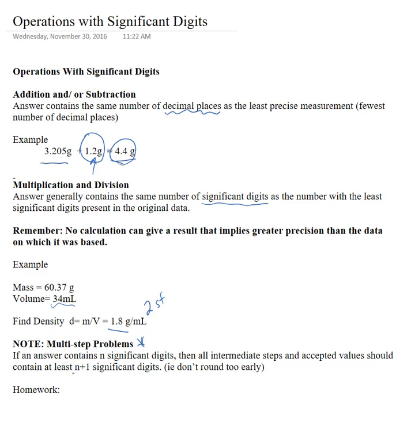If that's not possible, you want to carry at least one extra significant digit through your problems, so don't round too early. And at the very end, you're going to report your answer to the correct number of significant digits. Okay? This way, you'll ensure that you have the answer reported to the correct number of significant digits with the right level of precision.